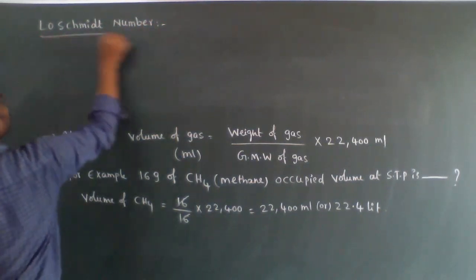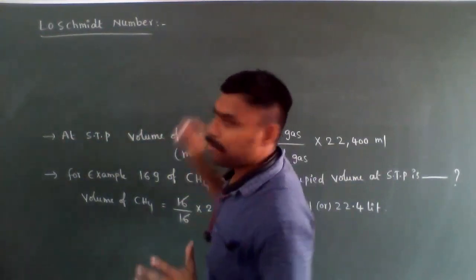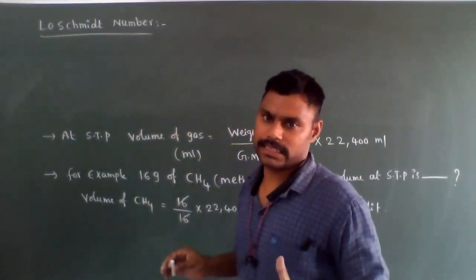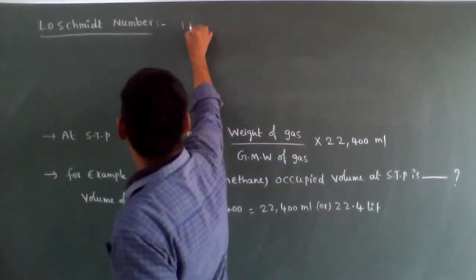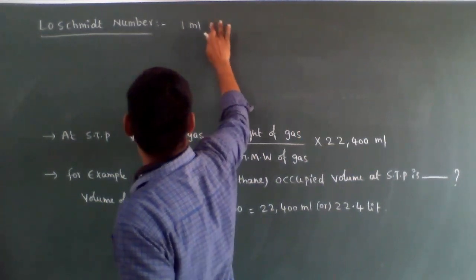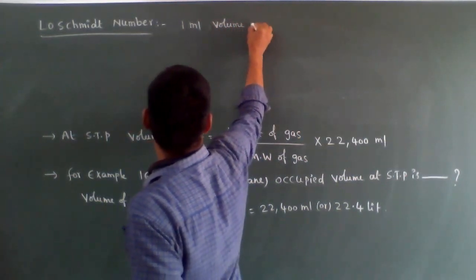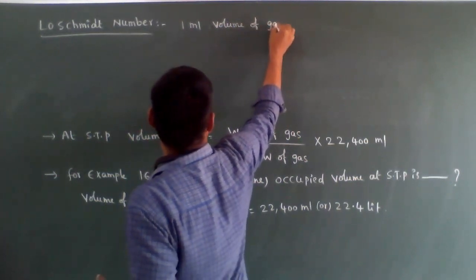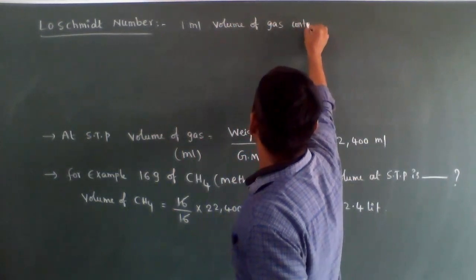What is Loschmidt number? Loschmidt number is the number of molecules contained in 1 ml volume of gas.